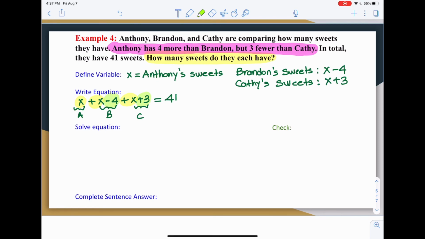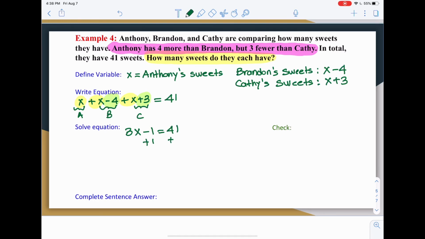Okay, let's combine them. x plus x plus x will give us 3x, plus we have negative 4 plus positive 3, which is going to be negative 1, is equal to 41.